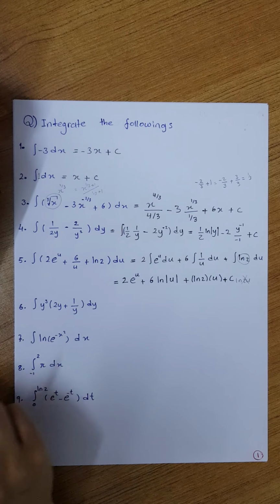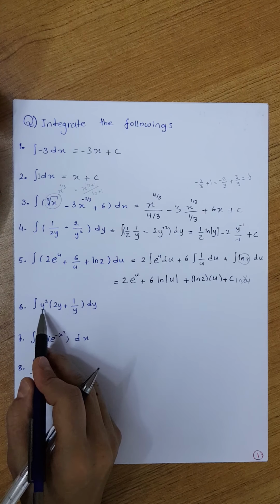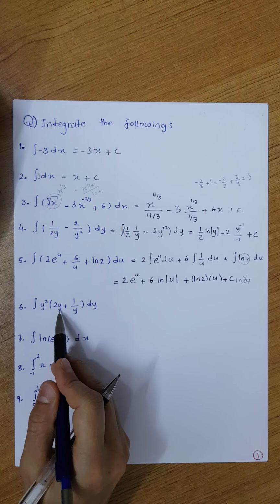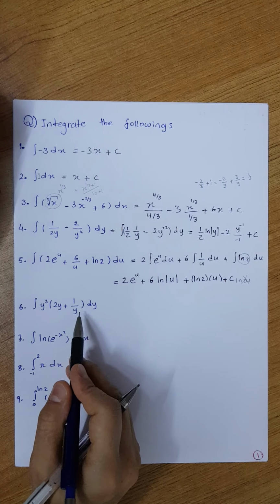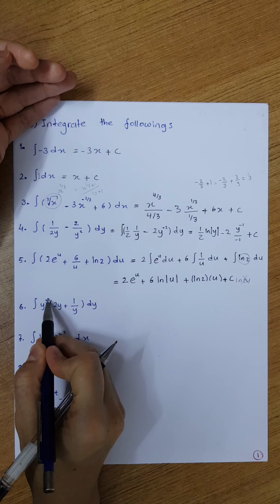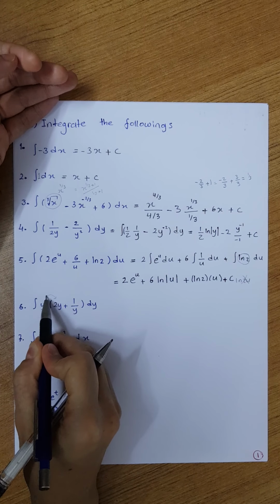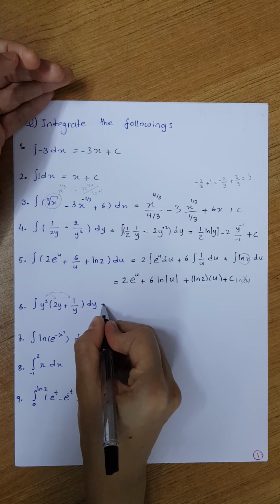Okay, if you look at this one here, what do we have? We have got y to the power of 3 multiplied by 2y in the bracket plus 1 over y. Here we do not need the substitution method. Okay, we are simply multiplying this one inside and adding the powers with the y. So that integration will equal what before solving it?